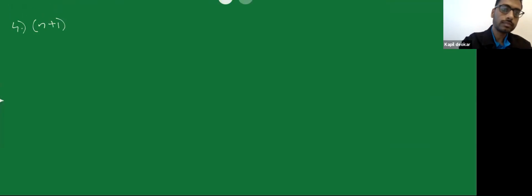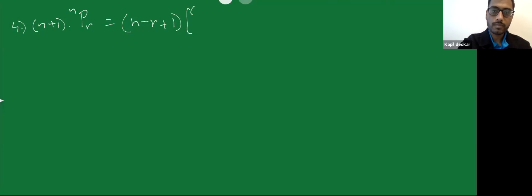n plus 1 into nPr is given as n plus 1 factorial upon n minus r plus 1 into n plus 1 Pr.